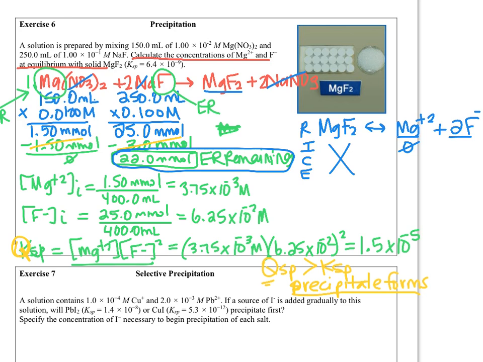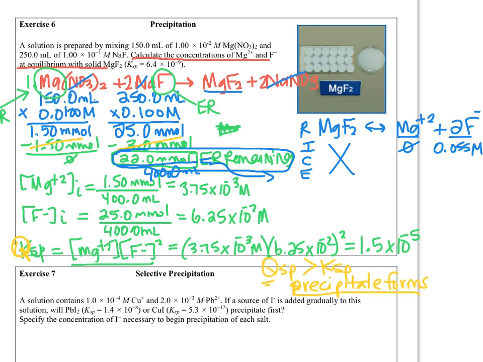But fluorine, here's where I have to remember, I've got 22 millimoles. I have to divide that by the volume of solution. I have 400 milliliters of solution, and I have to plug in my concentration over here. I know that's super ugly, but I'm sorry. So 22 divided by 400 is actually a pretty high concentration. That's going to be 0.055 molar.